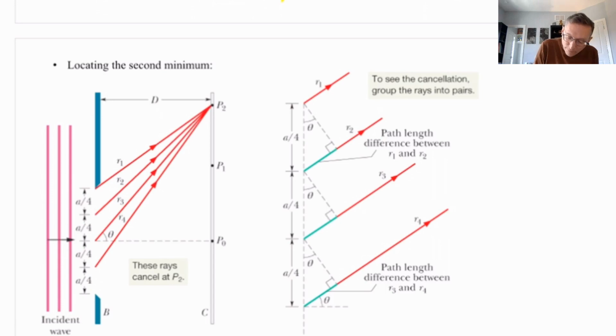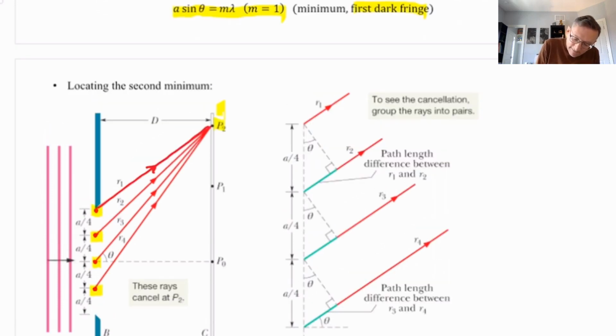And you take the top Huygens source, point source, in each slit. Okay? The top source in the topmost slit, then the top source in the next slit down, then the top source in the next slit down, and then the top source in the bottom slit. And you draw a ray going to the point P2 now, locating the second dark fringe.